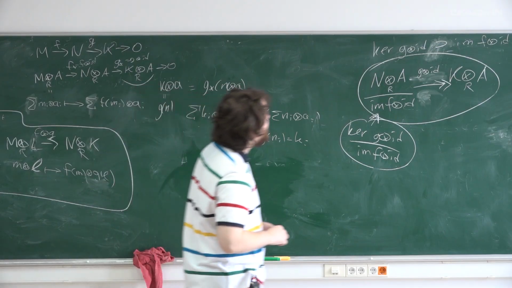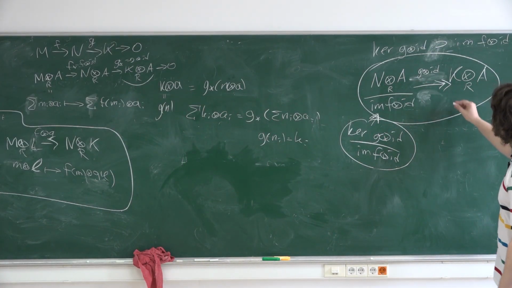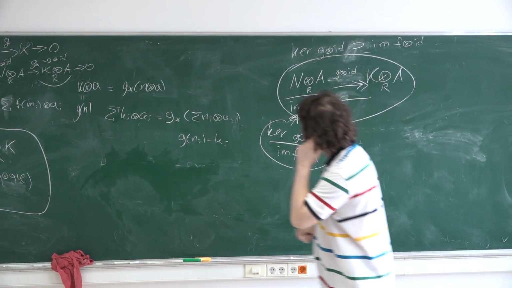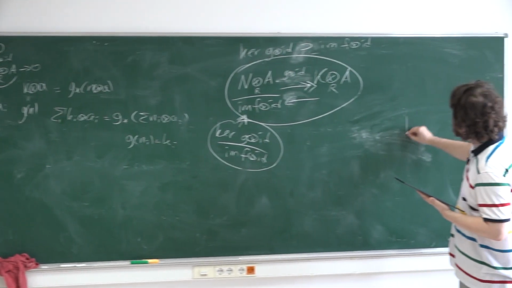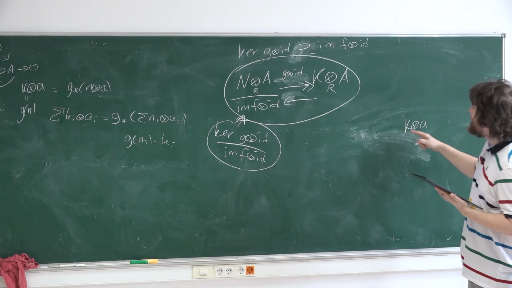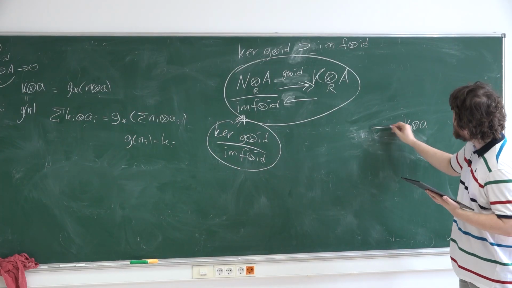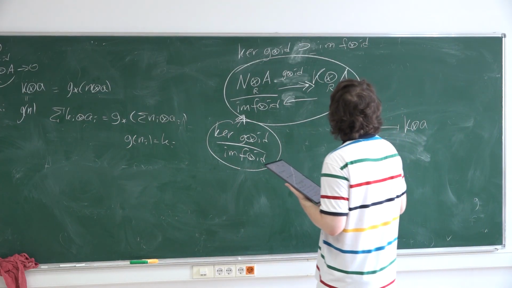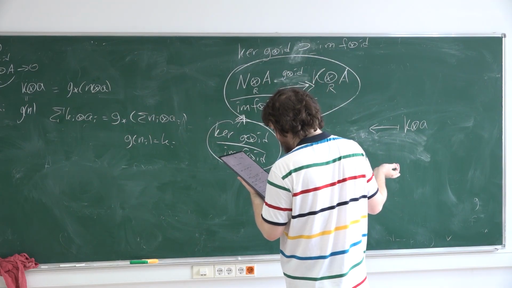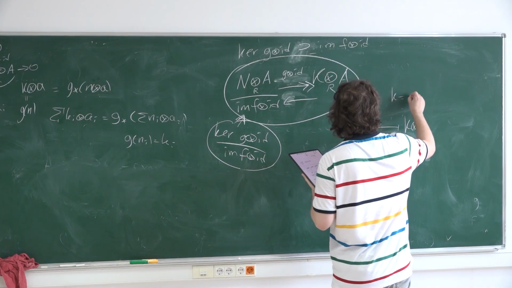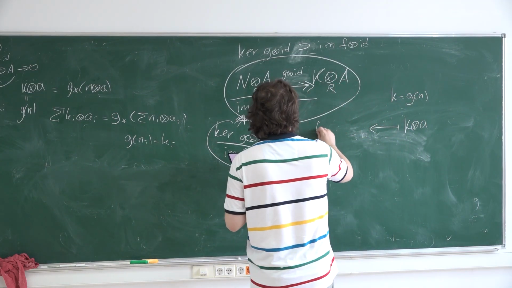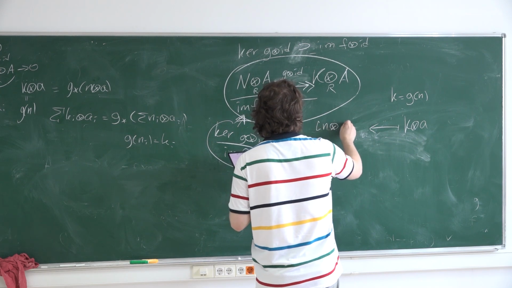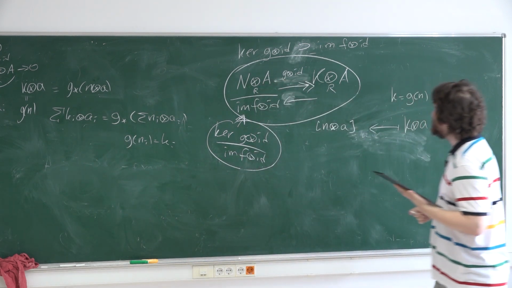Now, direct proof. I need to define the inverse homomorphism. If I have some tensor of this form, I define the homomorphism in an obvious way. I consider some pre-image and consider the quotient of this form, the class of this form.